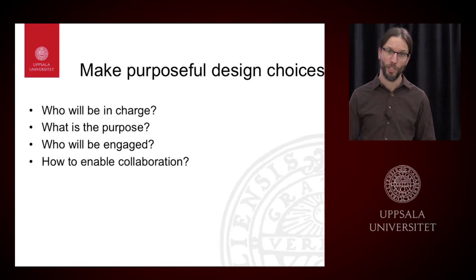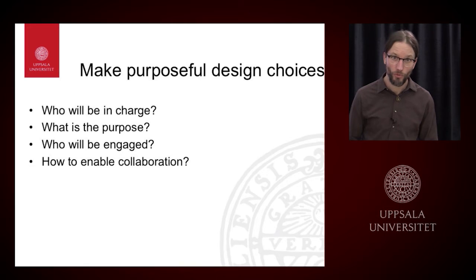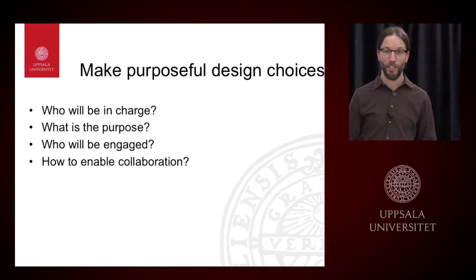The fourth choice is about how we enable collaborative processes. Here the focus is on methods, which are the most suitable methods to reach our objectives. But it's also focused on facilitation techniques. How will we allow and enable communicative processes and learning processes in the group?